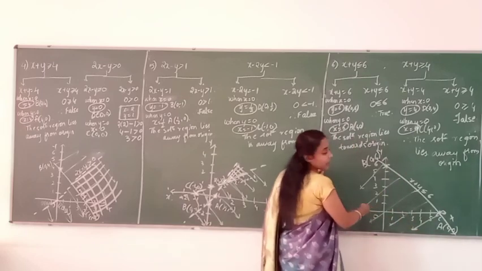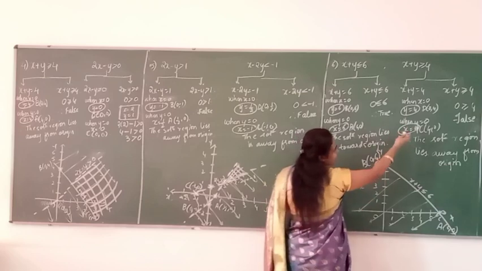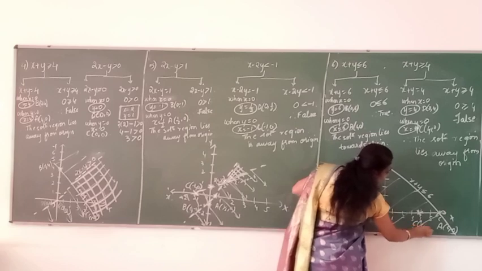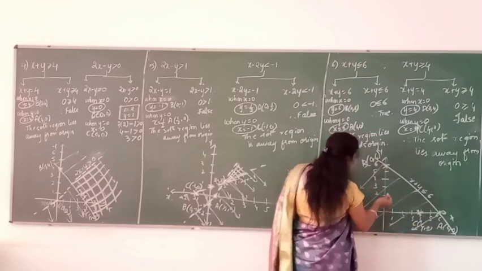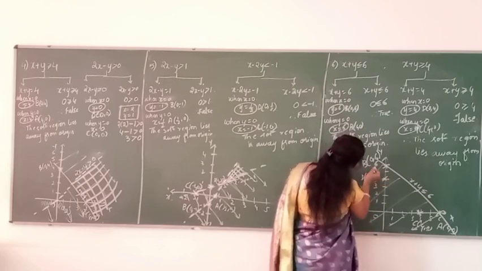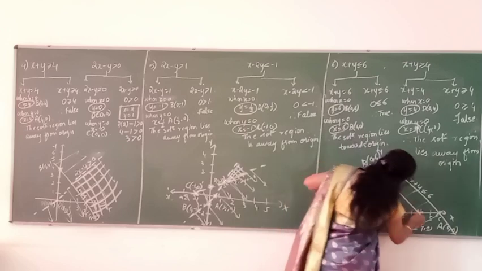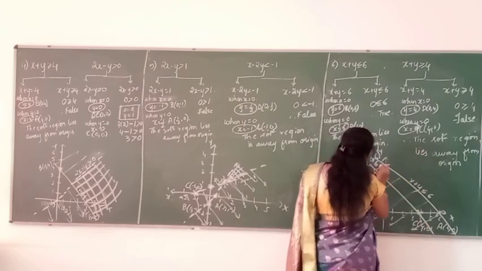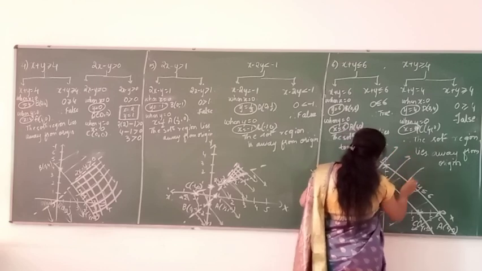Hope you are understanding what I am solving here on the board. Next point is what? C is nothing but 4, 0 and D is also nothing but 0, 4. Okay. As it is greater than or equal to, so it will be a bold line and it is false, so it will move away from the origin.